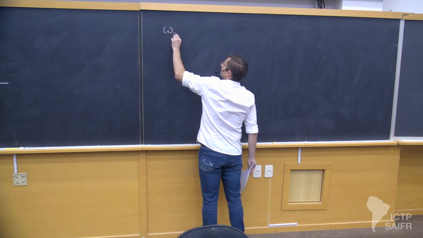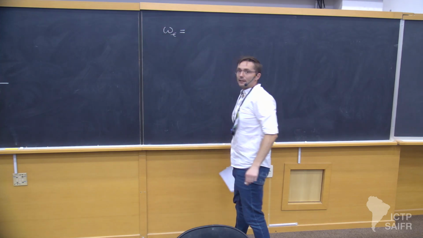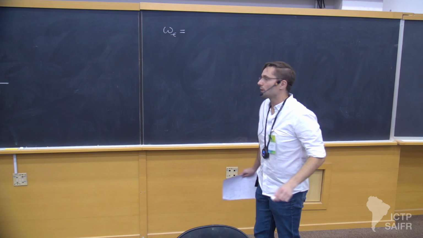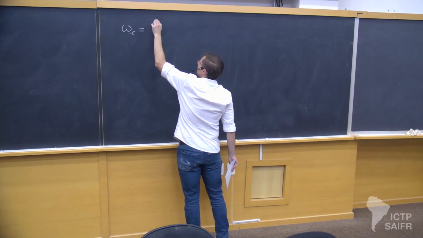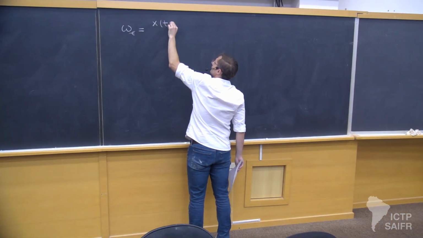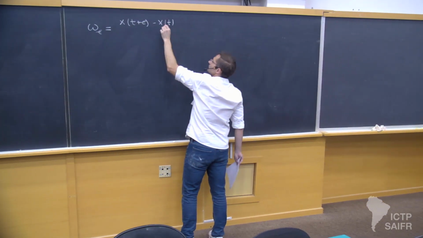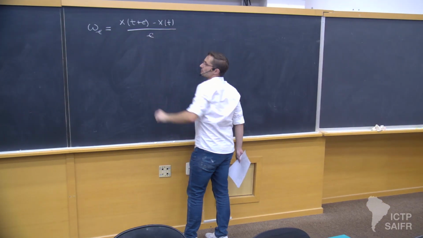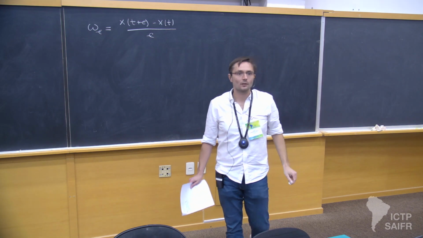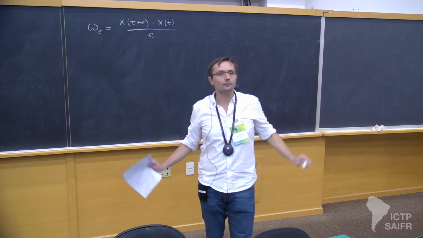I'm going to define a new process that is going to be x at t plus epsilon minus x at time t, divided by epsilon. So this is a new process that I define.